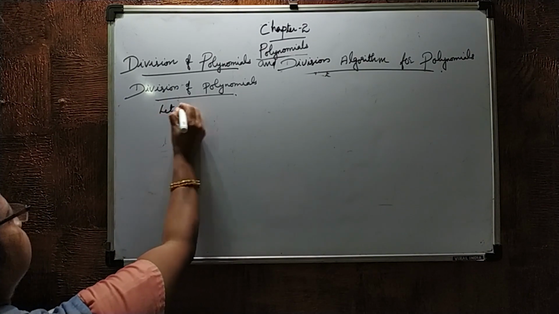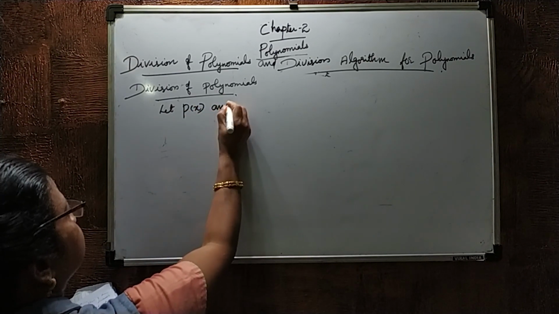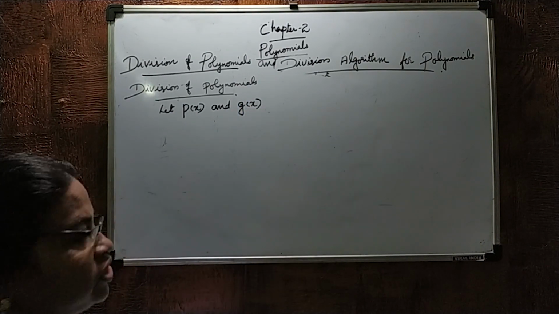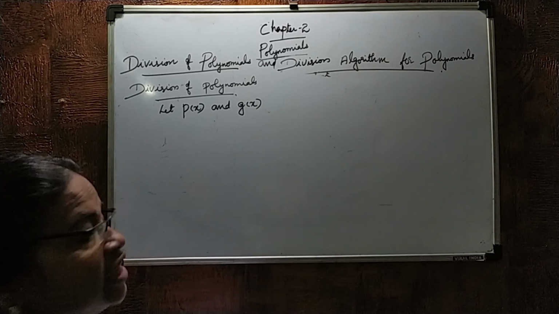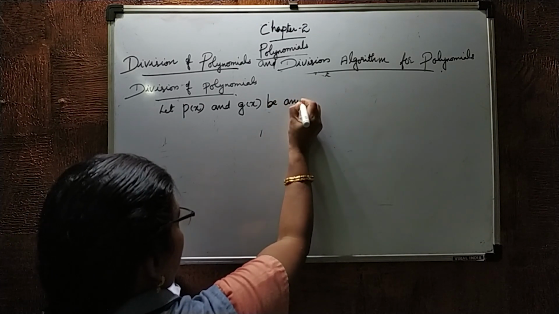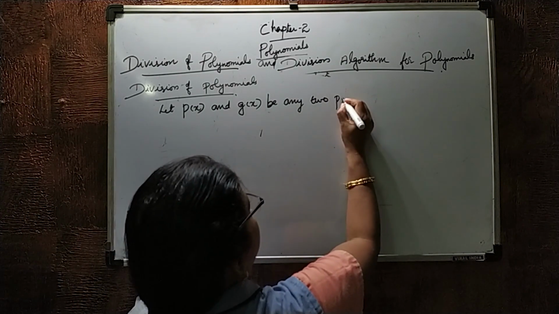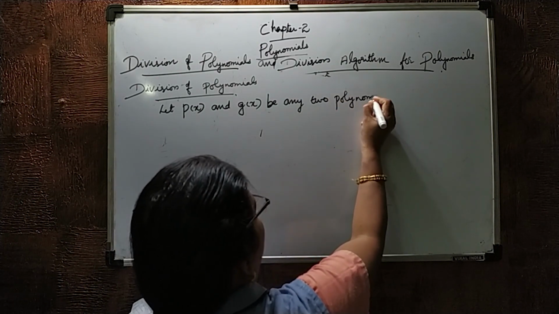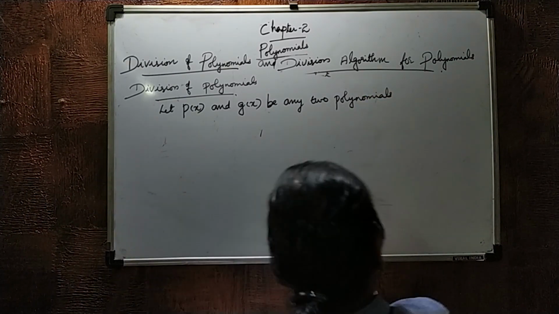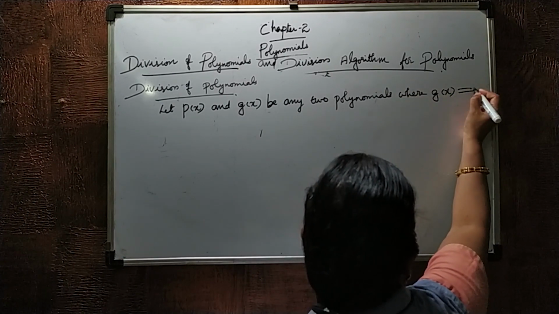Let p of x and g of x, where p of x is the dividend and g of x we are taking as divisor, be any two polynomials where g of x is not equal to 0.